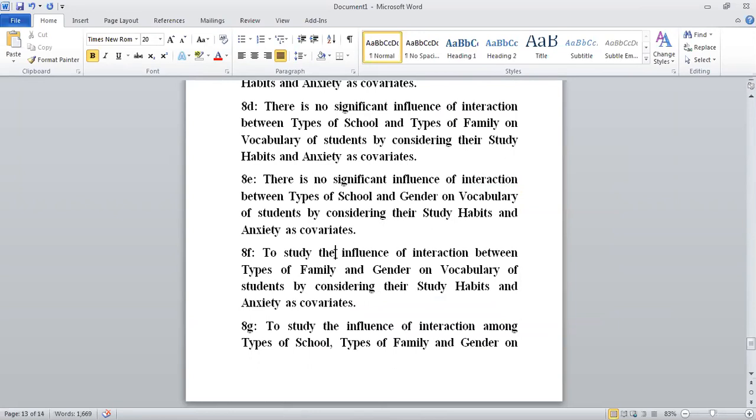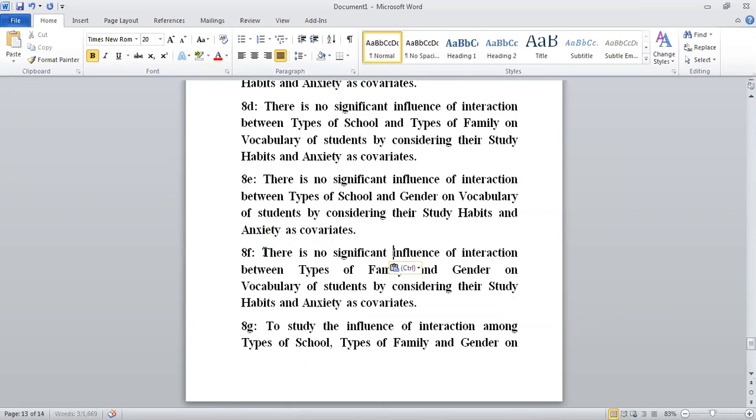And then your 8F hypothesis will be that there is no significant influence of interaction between types of family and gender on vocabulary of students by considering their study habits and anxiety as covariate.